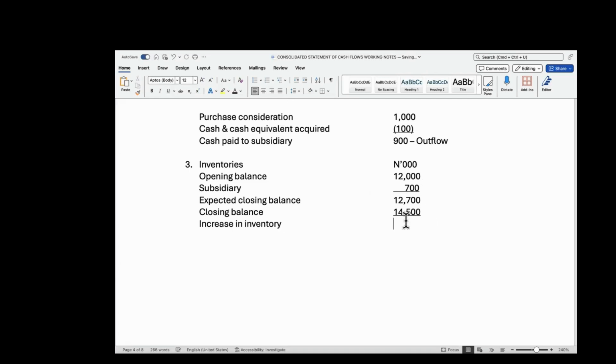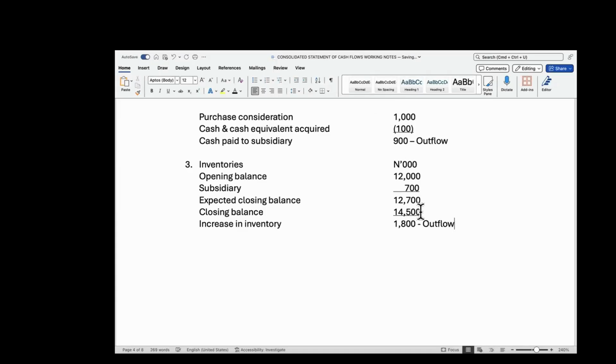So what's the increase in inventory? 1,800. Is this outflow or inflow? Outflow, sir, because we bought more inventories, so we pay.